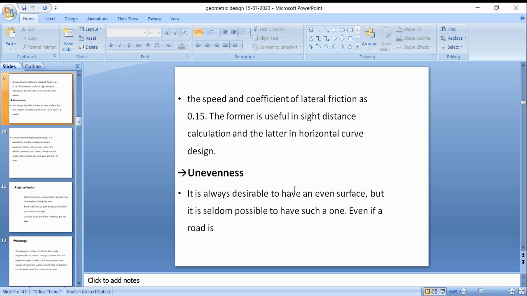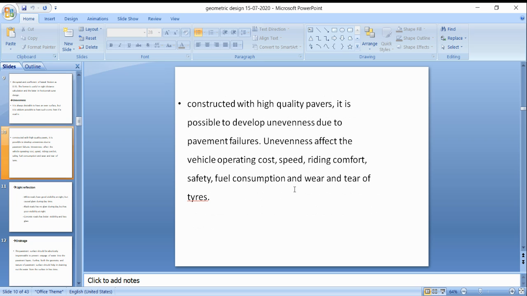Next comes unevenness. It is always desirable to have an even surface, but it is seldom possible to have one. Even if a road is constructed with high quality pavers, it is possible to develop unevenness due to pavement failures.